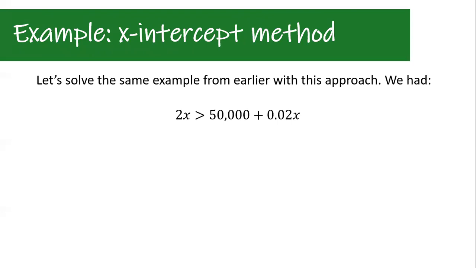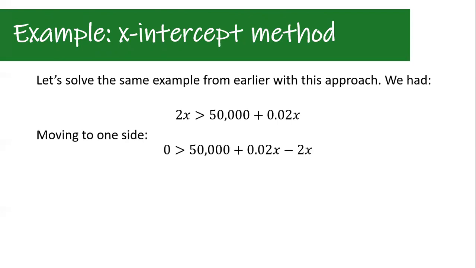So we know that 2x needs to be greater than 50,000 plus 0.02x. But we need to move everything to one side. If we move everything to one side, leaving a zero, we'll have 0 is greater than 50,000 plus 0.02x minus that 2x that we had to subtract.